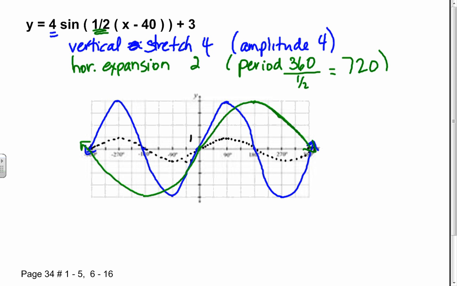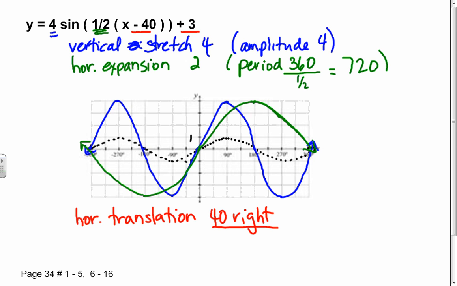And the last two things that I see are the negative 40 and the positive 3. I like to do those two together because they're both just shifts up and to the right. So the minus 40 is a horizontal translation because it's with the x. And since it's subtract 40, it's 40 to the right. And the 3 is a vertical translation, up 3, and I'm going to do those two things together.